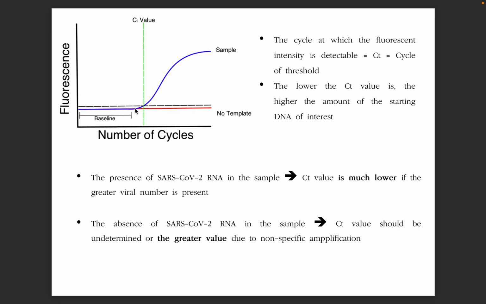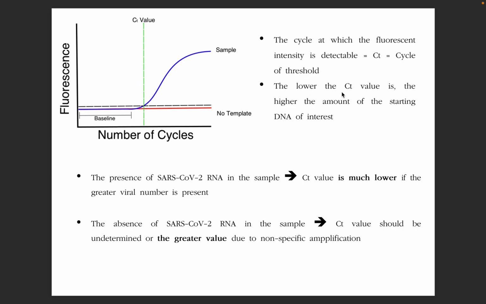Then it suddenly increases in intensity, increasing exponentially. And the first cycle at which the fluorescent intensity is detectable, or higher than the baseline intensity, is recognized as CT, which stands for cycle threshold.